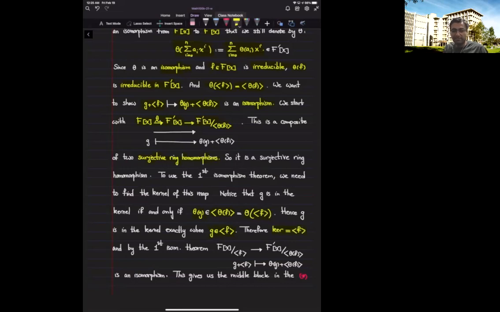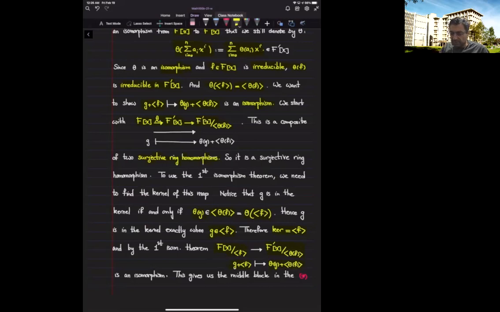Therefore, applying the first isomorphism theorem, we deduce that the quotient ring of F[x] by the ideal generated by small f is isomorphic to the quotient ring of the ring of binomials with coefficients inside F prime modulo the ideal generated by theta of F. And the map is precisely this: this coset goes to theta of the coset representative.